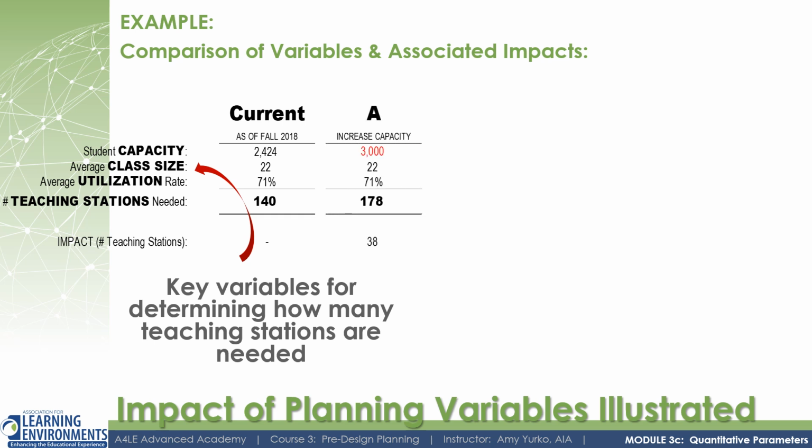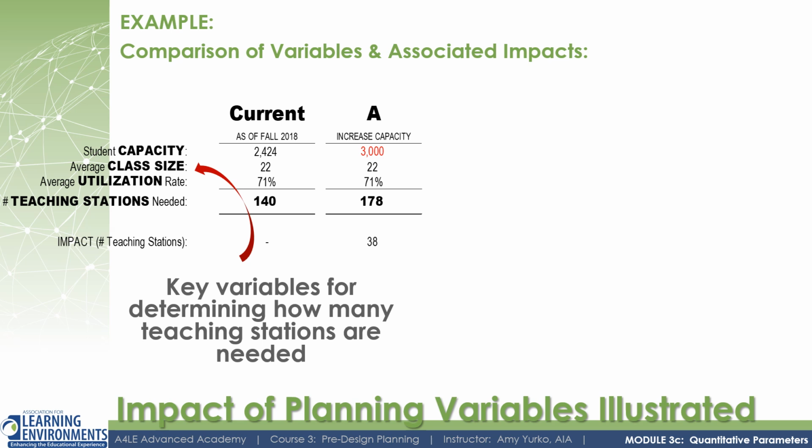So we looked at changing various toggles. They did want to increase their capacity up to 3,000, knowing future growth of the district and their demographics, but they really wanted to keep their class sizes small and their utilization rate down at 71%. So if we were just simply to increase capacity, what you see here is that the number of teaching stations goes up to 178.